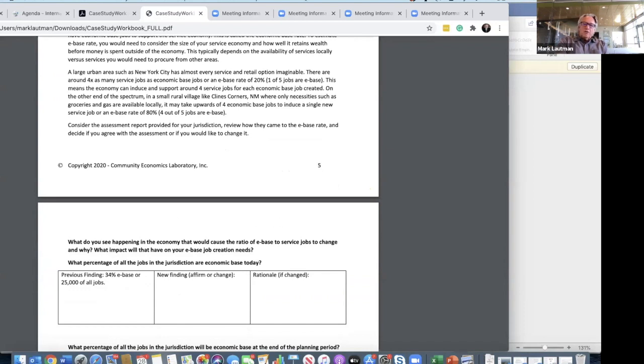So why don't you all read a little bit more about it, and if you have any questions, talk to your advisor or call me, and then we'll try to dispatch these last assessment numbers and get a hard number for your job needs.